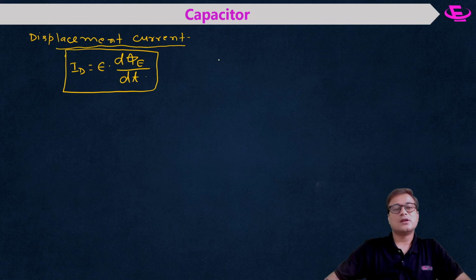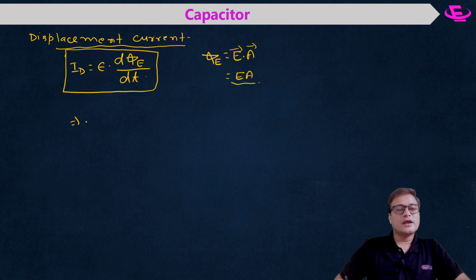According to Maxwell, what is phi? This is electric flux, and it is nothing but E dot A. That means electric field dot area, the cross sectional area. So here phi equal to E into A. Clear? So from here if you write ID, it will be equal to epsilon into d of EA divided by dt.